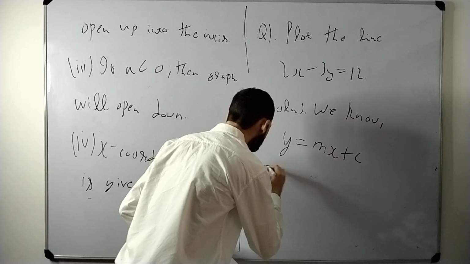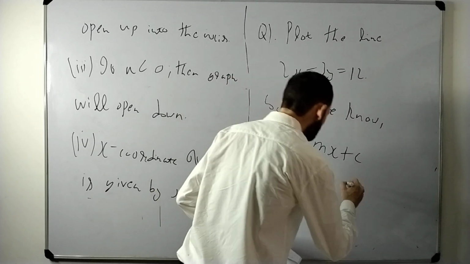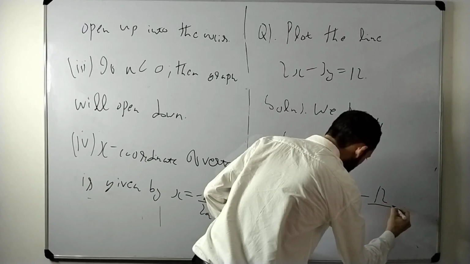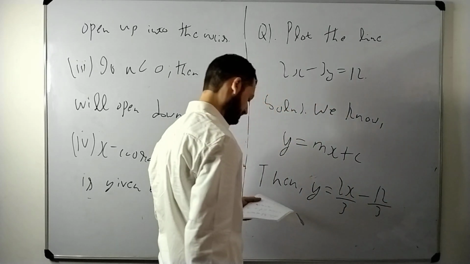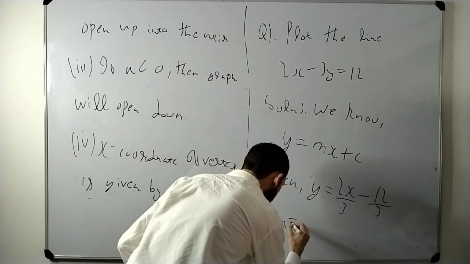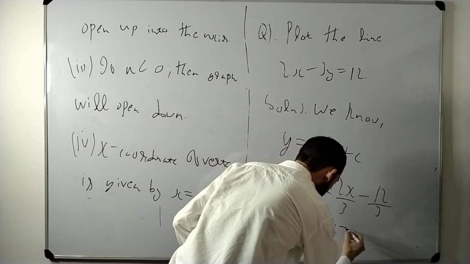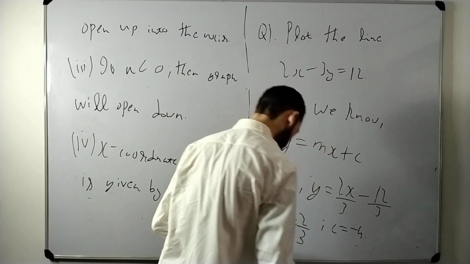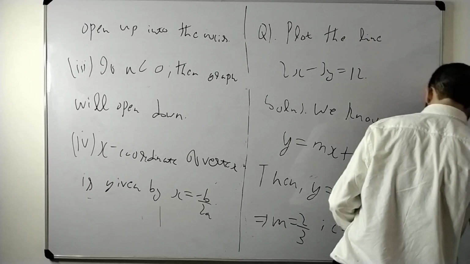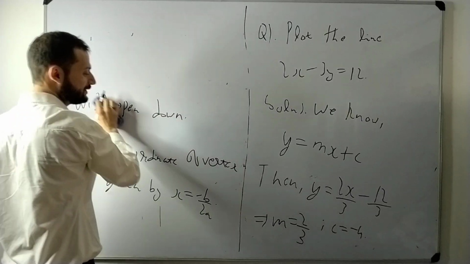Then can I write 2x upon 3 minus 12 upon 3. This implies m happens to be 2 by 3 and c happens to be what? Minus 4. Yes, very nice. So you plot the graph for it.